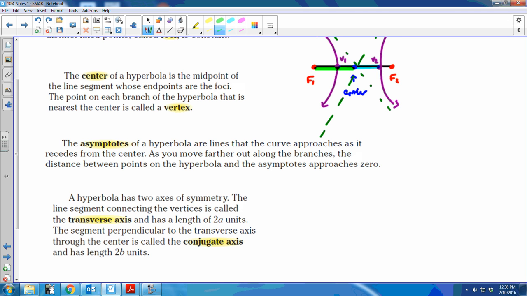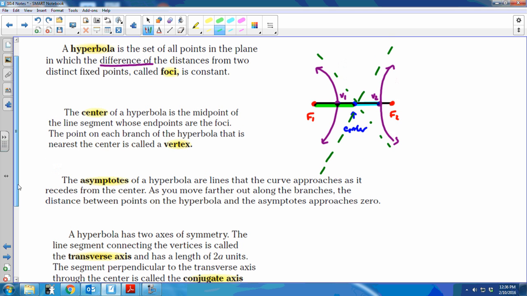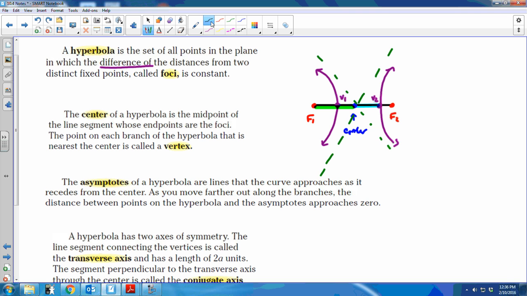Still the same. We also have a conjugate axis, which is drawn through the center and is perpendicular to the transverse axis. It has a length of 2b units. In this case, A does not have to be greater than B. So there are going to be some things about ellipses that you are going to confuse with hyperbolas if you don't keep things straight and don't use those formula sheets.